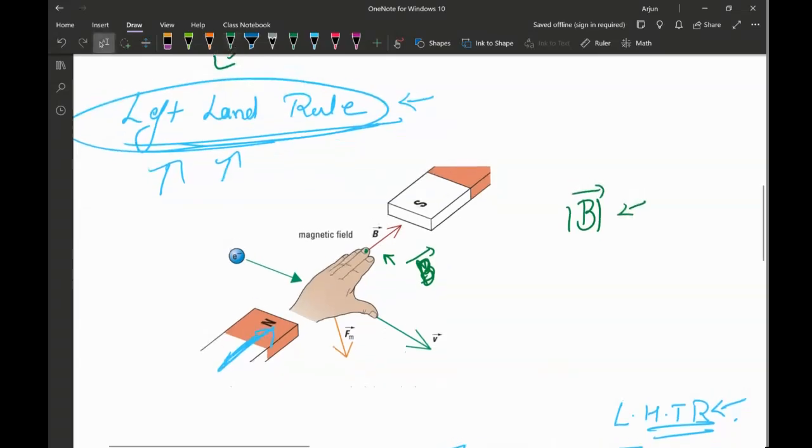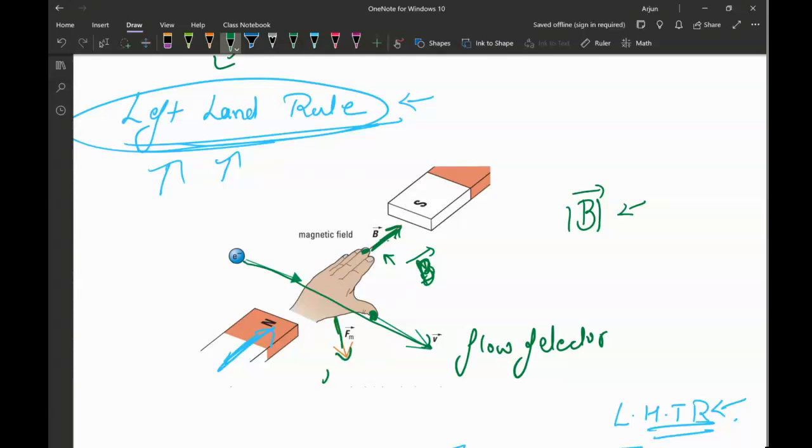So the fingers will point in the direction of the magnetic field lines, your thumb will point towards the flow of electrons, and your palm will represent the force felt on the electron.